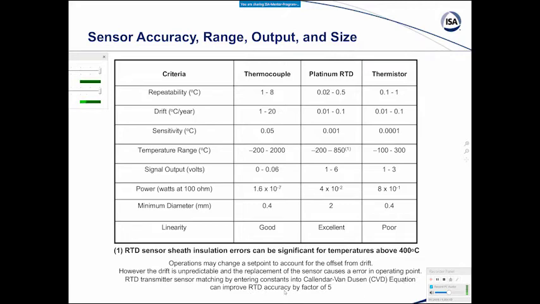They can improve the RTD accuracy, which is already darn good, by a factor of 5. So it's very attractive to enter those constants for what we abbreviate or use an acronym for, CVD, and that's my acronym. Not sure you'll see that elsewhere, but it's the Callendar-Van Dusen equation.